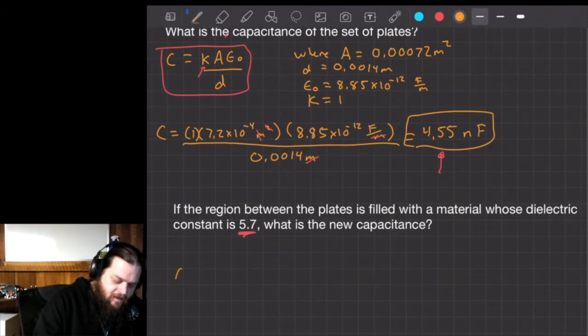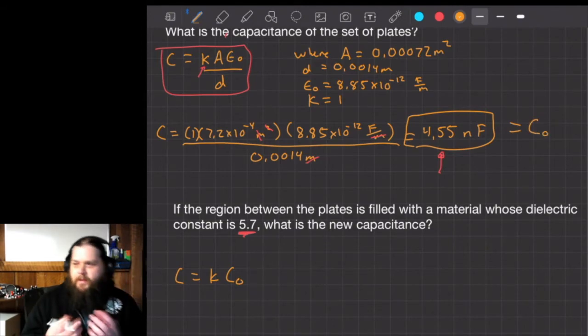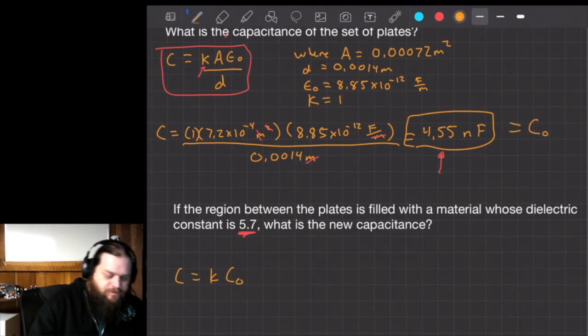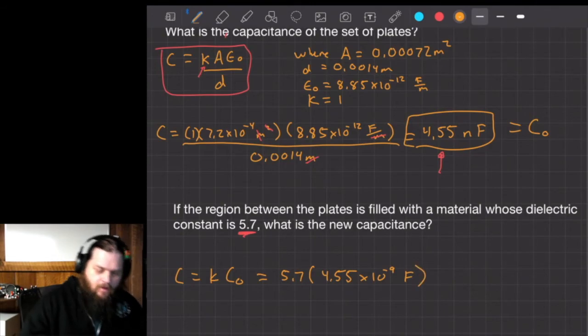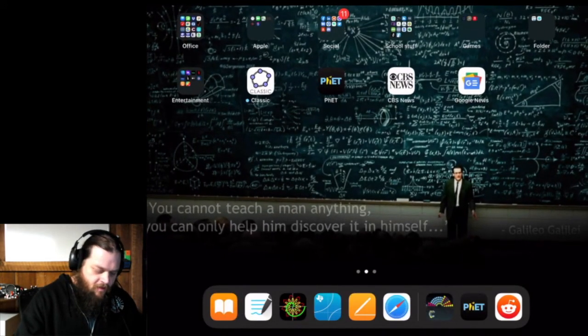So that means that C is going to equal kappa C naught, where C naught is the capacitance with air between there. So that's just going to equal 5.7 times 4.55 times 10 to the negative 9 farad. Just popping back over to our calculator.